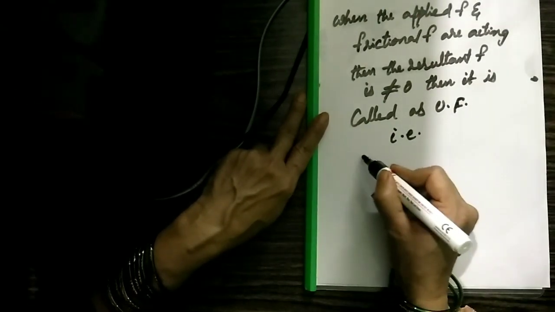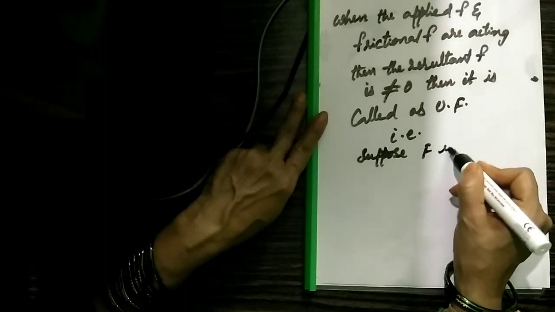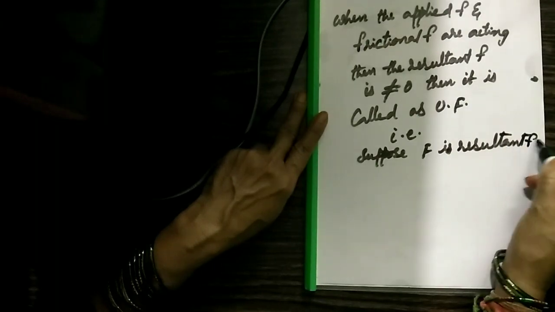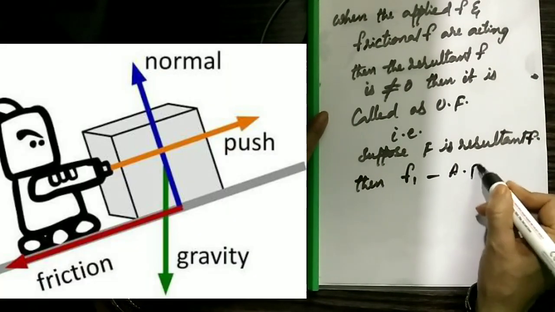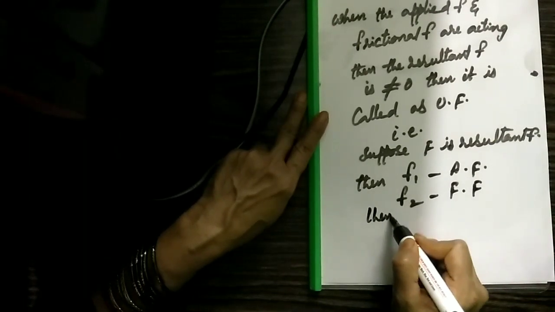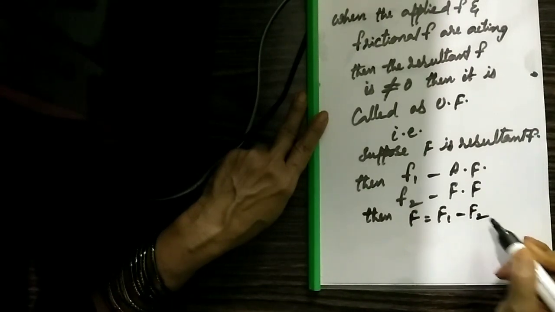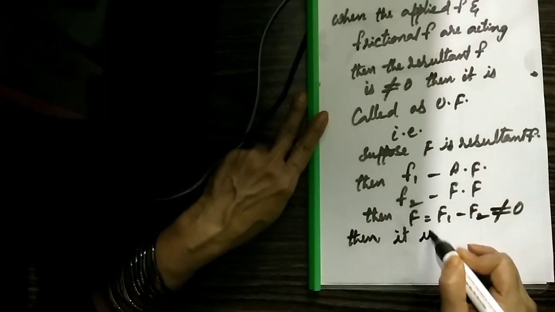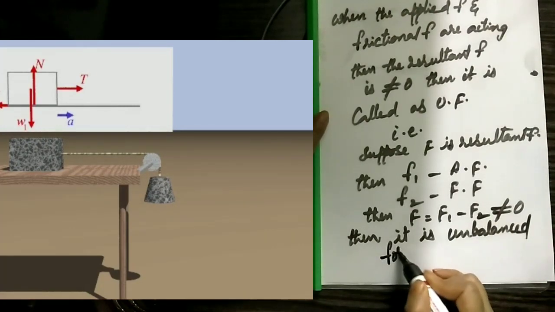That is, suppose F is the resultant force, F1 the applied force, F2 the frictional force, then F is equal to F1 minus F2, which is not equal to 0, then it is unbalanced force.